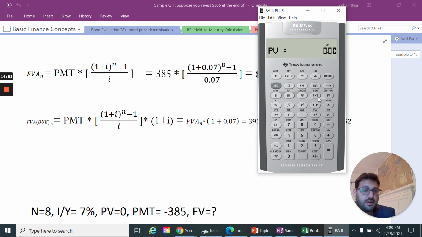What is the payment? In the formula, I simply wrote 385, but over here, if I'm depositing, then it is minus 385, and I will insert the payment. Even if I'm depositing it in my own account, for some time I will not be able to utilize this money, so it will go out of my pocket.